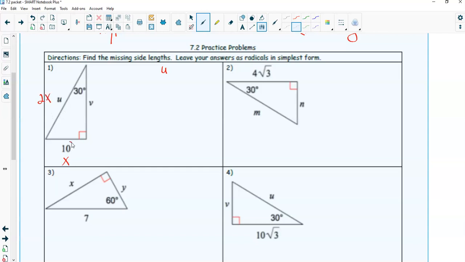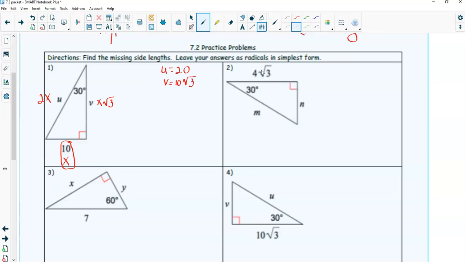Since x is 10, then u is 2 times 10, which is 20. And then v is the short leg times the square root of 3, which in this case is 10 square root of 3. And you're done.